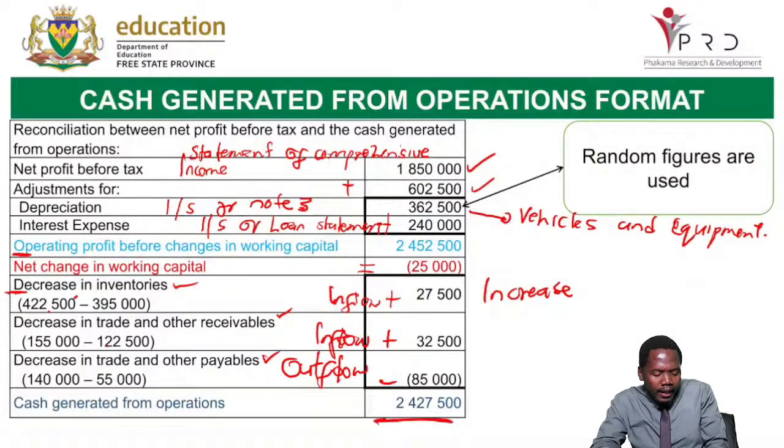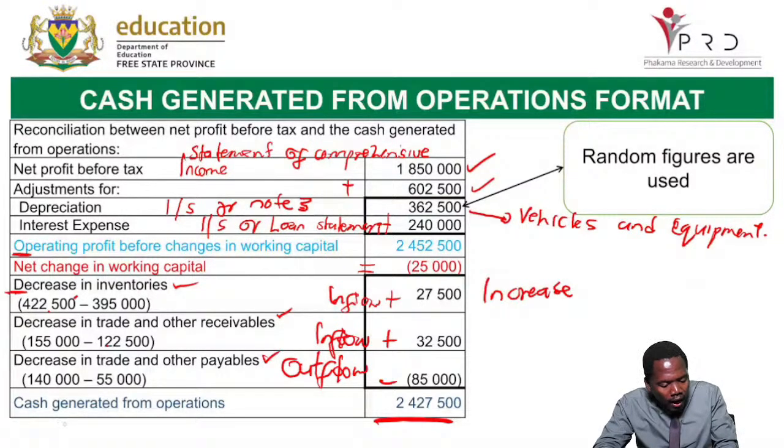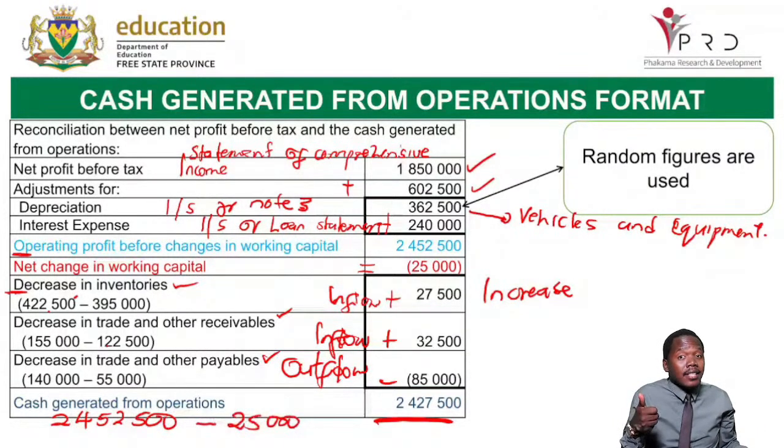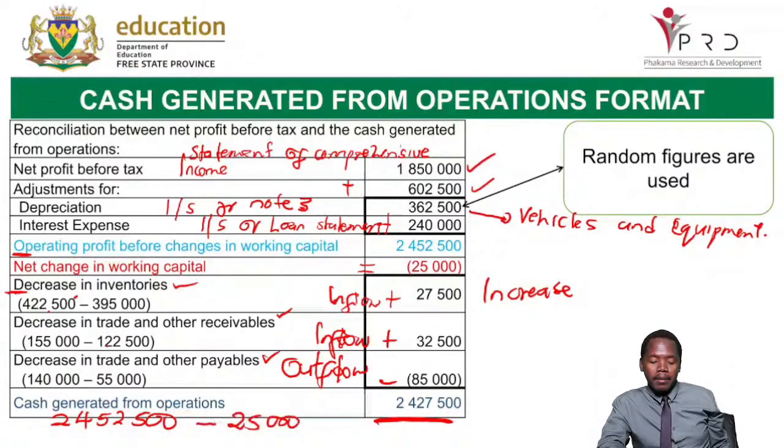Now, how do I get my cash generated from operations now? We take our operating profit before changes in working capital, 2,452,500 minus 25,000. At times, it can be a plus, depending on the answer you got when you were adding and subtracting the working capital.